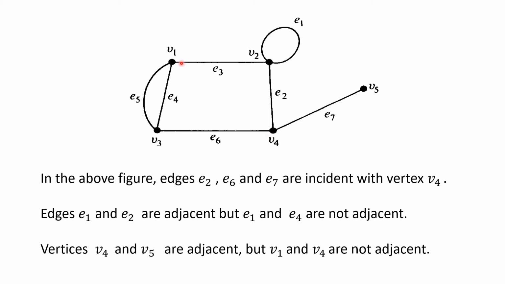Similarly, the vertices V1 and V5 are not adjacent because there is no edge between them. Similarly, vertices V2 and V3 are non-adjacent because there is no edge between V2 and V3, and so on.